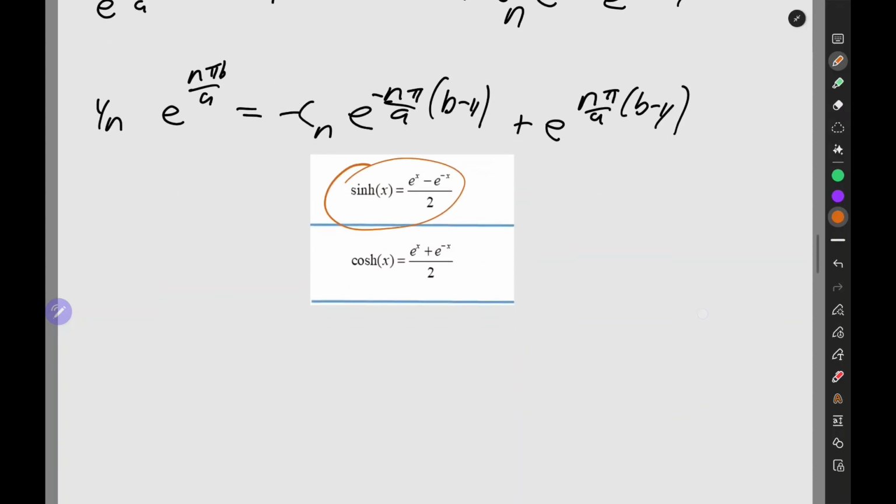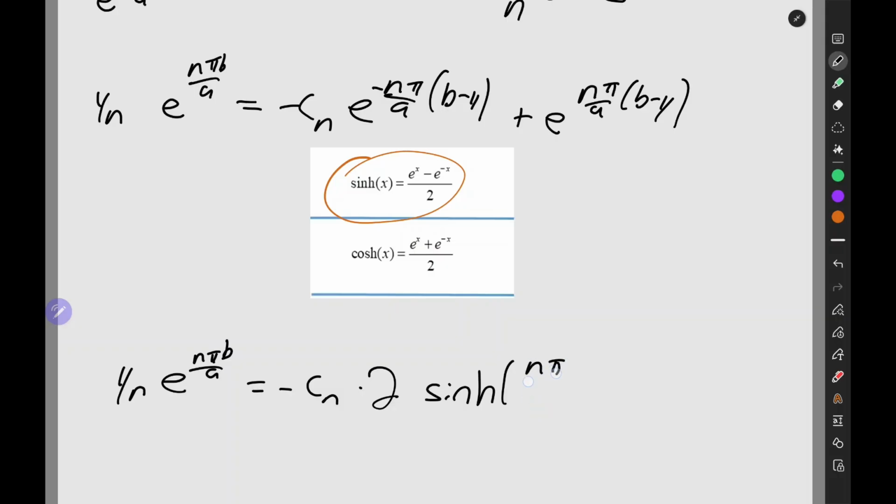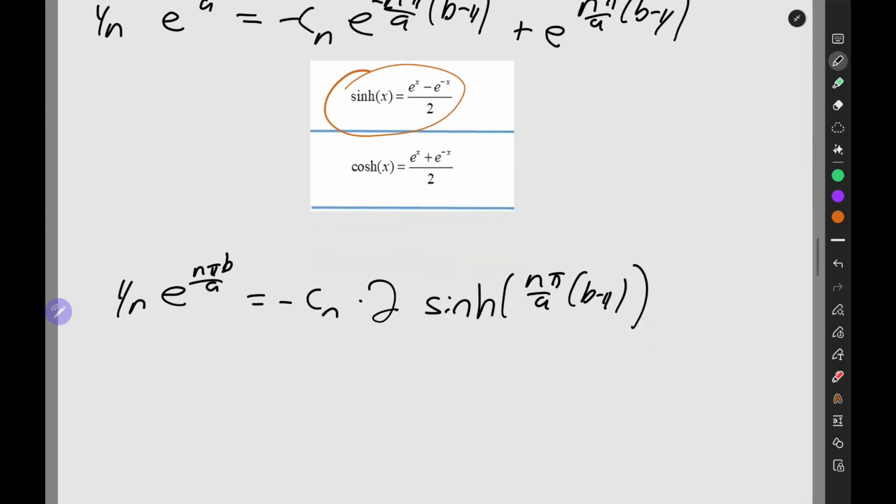Just that 2 is there, but you just multiply 2 by sinh, so then we're left with two sinh of n pi over a times b minus y. Like that. Now, you're like, huh, well, what's going on here?